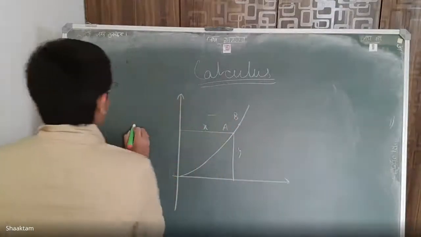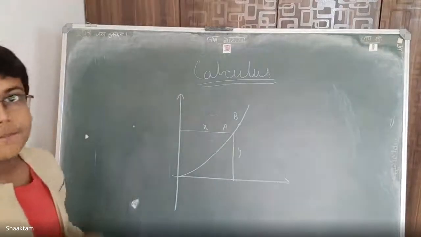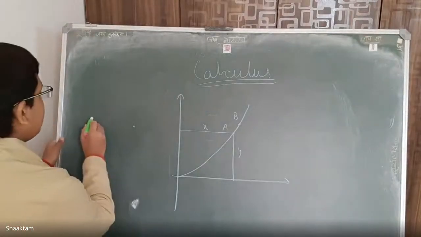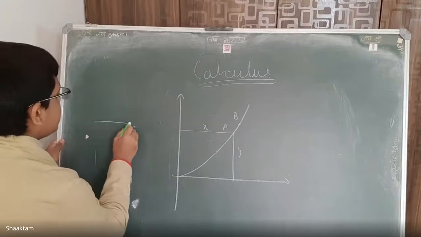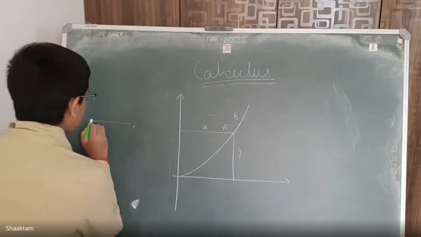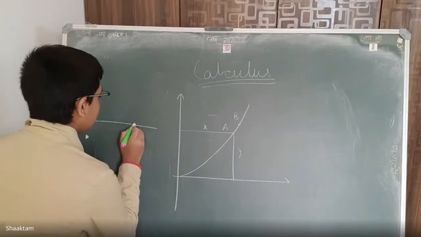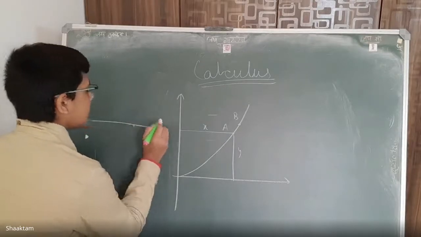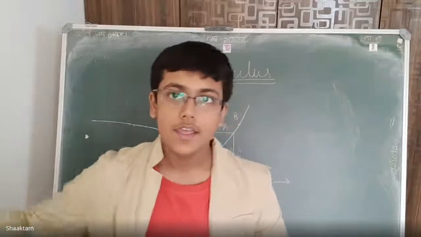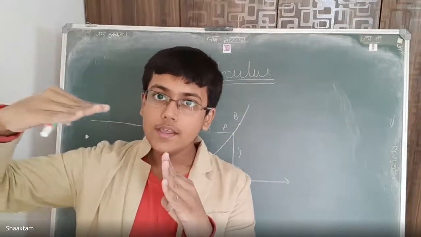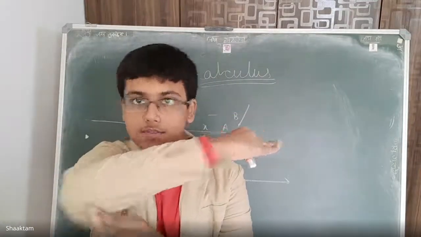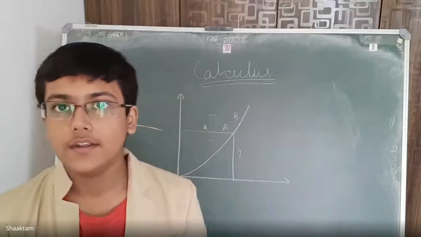If I have any point and a line which is just moving, let me bring the point here. It just came in contact with that point and went. There's a line, there's a point. It just touches the point and goes. That is called the tangent to that point.